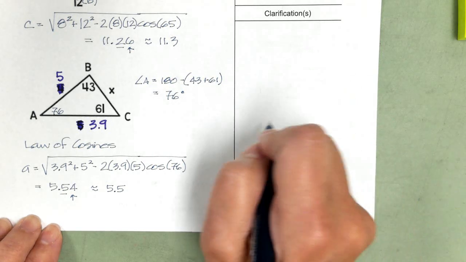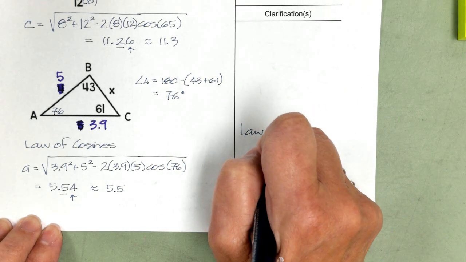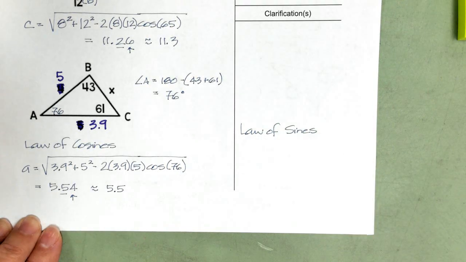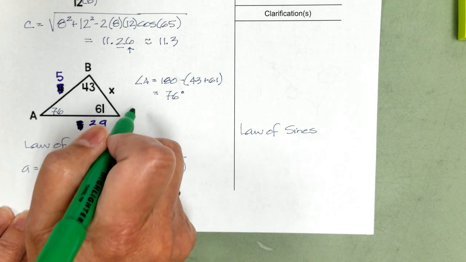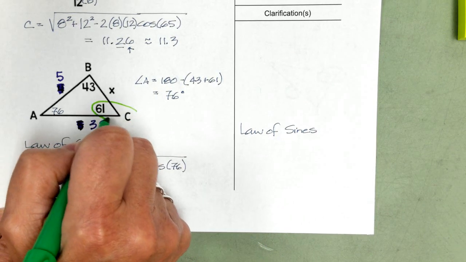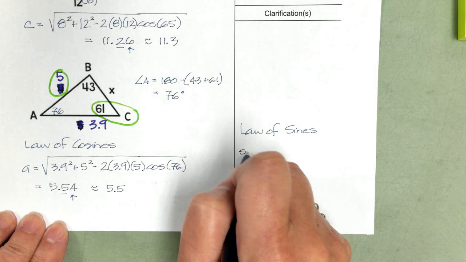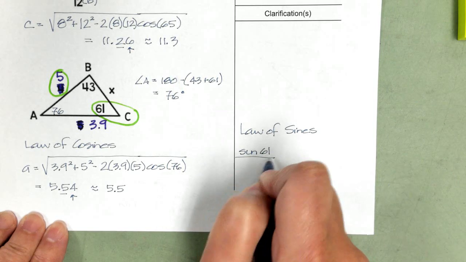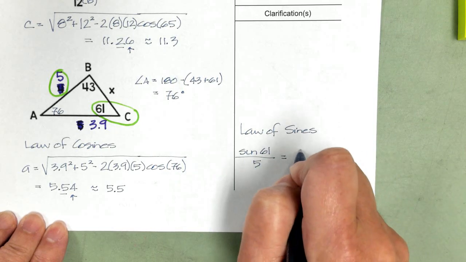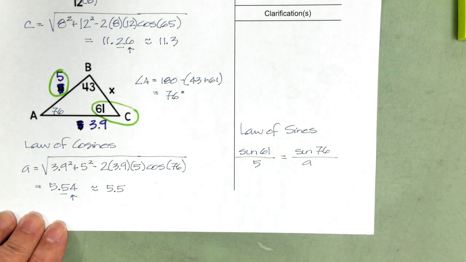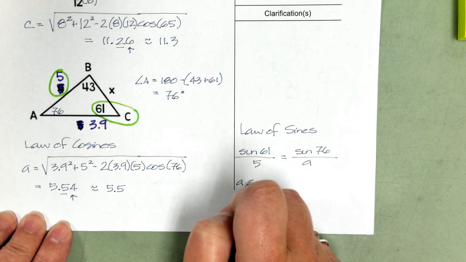All right, now I'm going to solve it with the law of sines. And notice we have two full ratios, okay? And I'm going to go ahead and use this ratio here because I want to avoid decimals since I have that option. So we have sine of 61 over 5 must equal sine of 76 over A. We cross multiply.